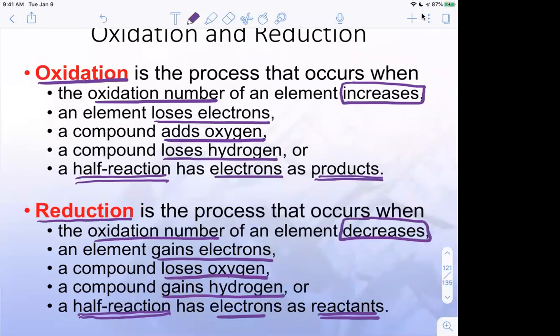A lot of times I'm going to use these other processes, but actually the fundamental process always occurs where oxidation is a loss of electrons and reduction is a gain of electrons. So that's always true, regardless of how you look at this. These other types where I'm looking at oxygen and hydrogen are going to be specific for reactions that include oxygen and hydrogen, and that doesn't cover every redox reaction.